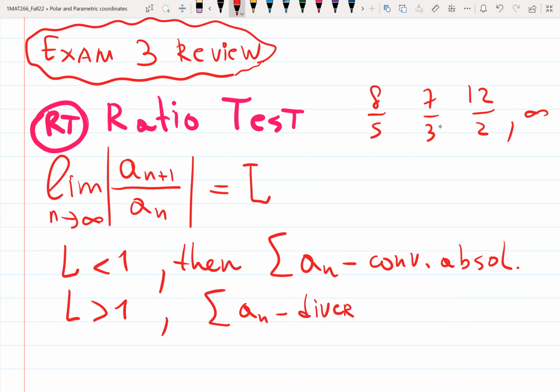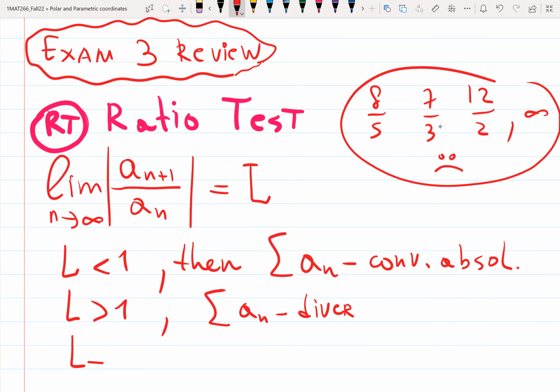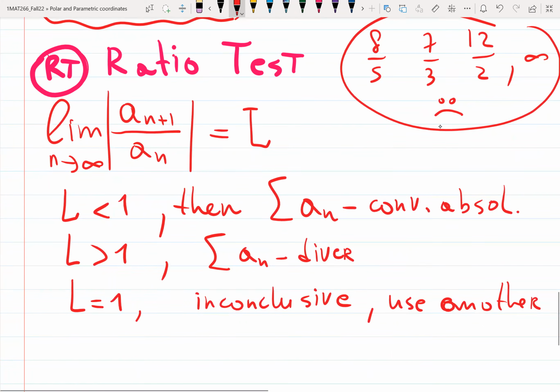Infinity is also greater than 1, so that is also bad. So that means diverges. If it's 1, it's inconclusive. Some of you might have that on the test. Inconclusive, use another test.